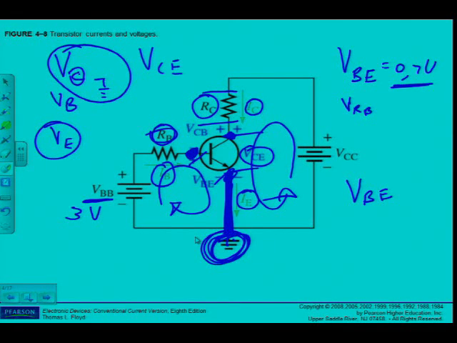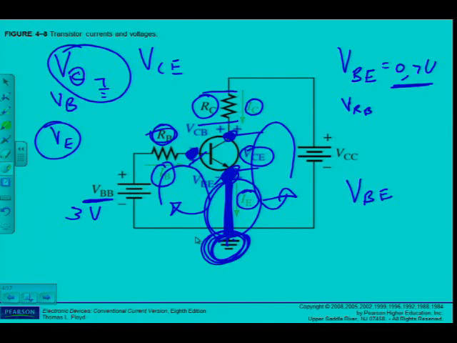VCE, that's between the collector and the emitter, so the red lead goes on the collector, the black lead goes onto the emitter. Is there going to be a difference between VC and VCE? In this case not, because there's no resistance between emitter and ground. So there's no extra voltage drop. So in this specific case, VC and VCE will be the same thing.